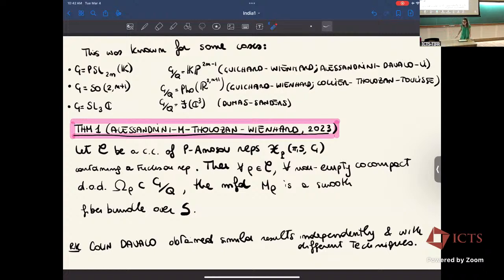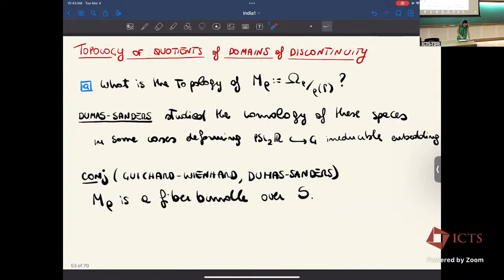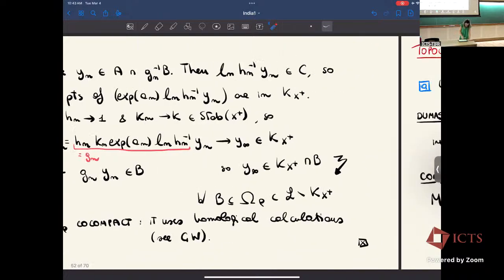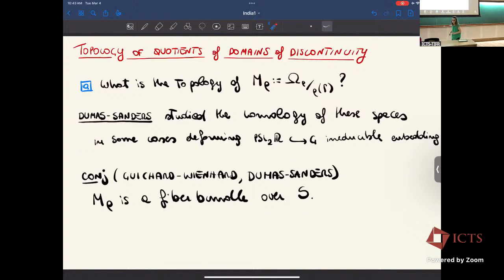Have you defined omega rho in general? Yeah, I define it in that particular setting, and in the general setting it is the same. You have a domain of discontinuity in one space, and you define a thickening in possibly another space, and the domain of discontinuity is the complement of this thickening.